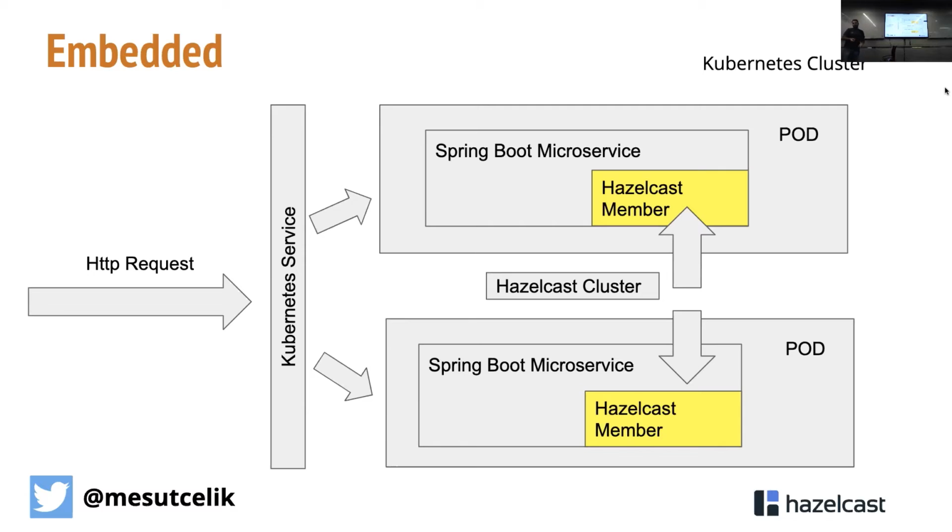The disadvantage of this pattern is that not everyone wants to keep their cache data together with the microservice. The other disadvantage is that if you increase the replica count, so scale out your microservices layer, you will end up with lots of members too, which is not always good, because Hazelcast is network intensive, with lots of network communication between the members.